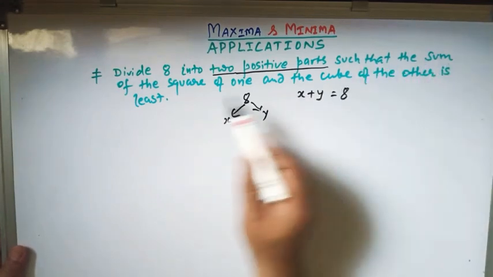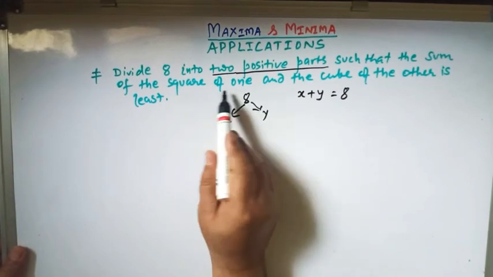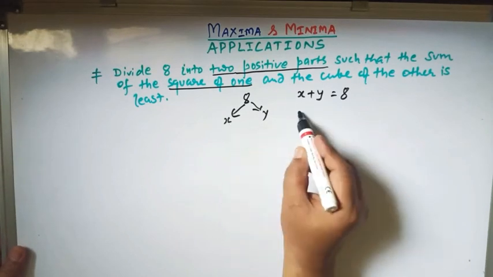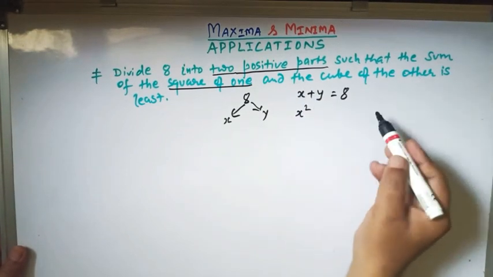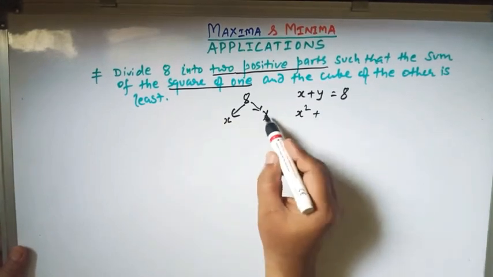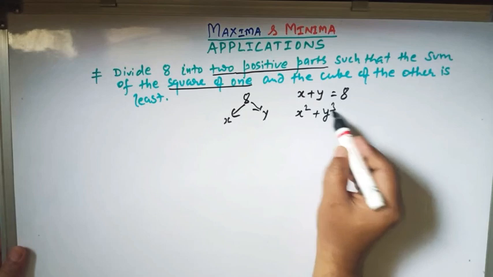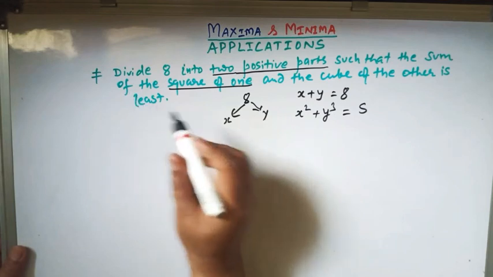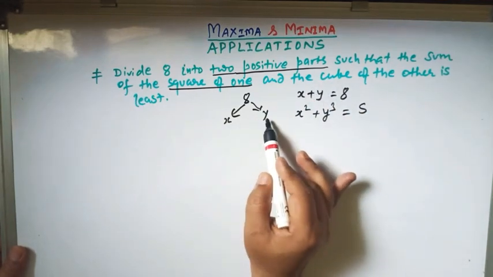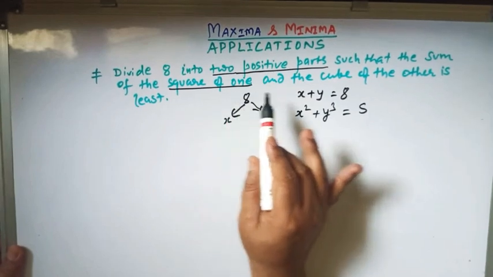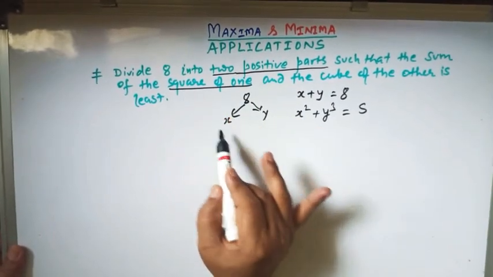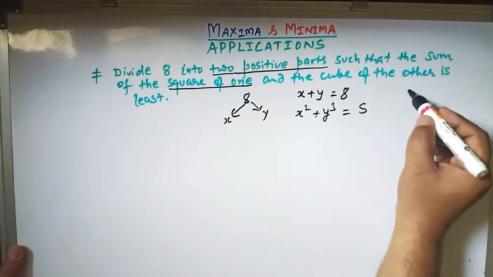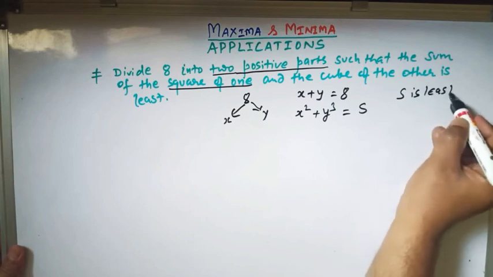Such that the sum of the square of one, say we take the square of x, and the cube of the other, that is the cube of y, say this quantity is s. So let the parts be x and y, such that the sum of the square of one number and the cube of the other number is least. So s is least or minimum.